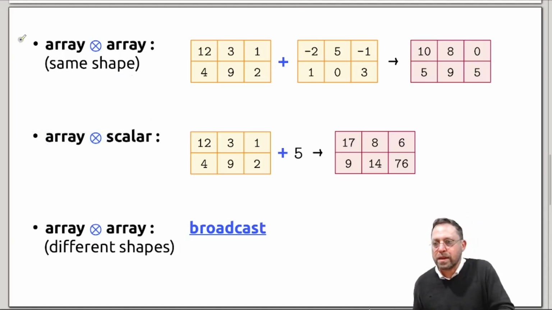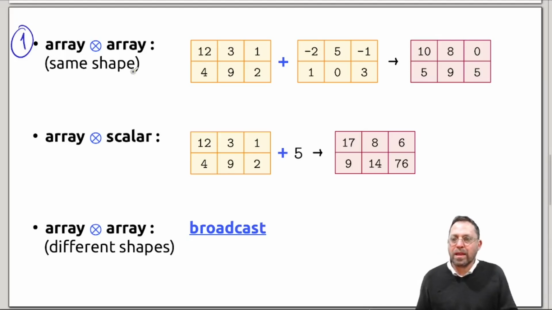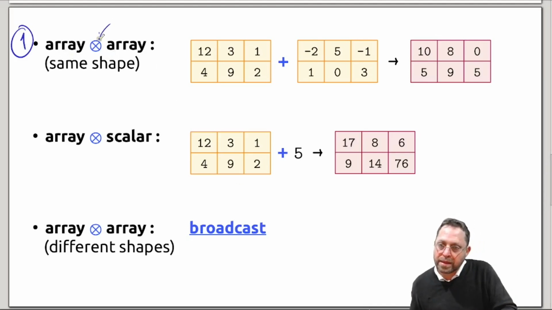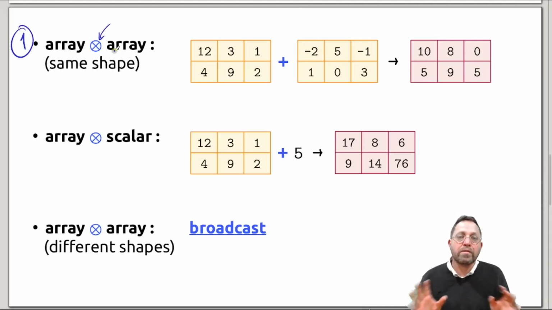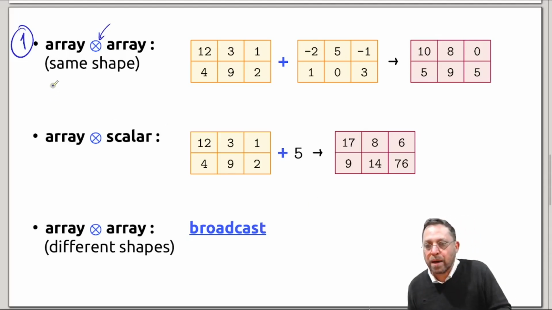Let's take first an easy case, that the two arrays involved in the operation are of the same shape. And I'll remind you here that this symbol stands for any of our operations. In this case, NumPy will apply the operation element-wise.